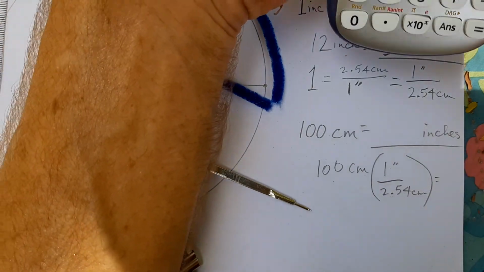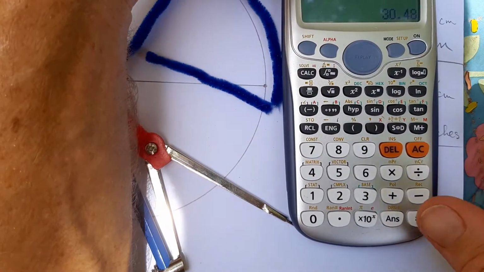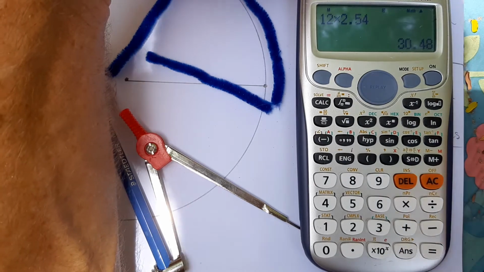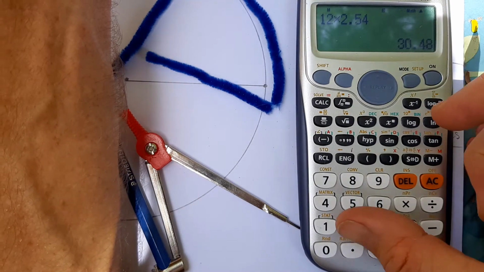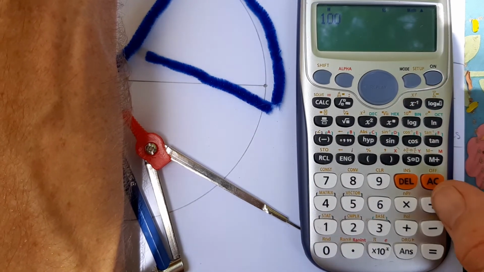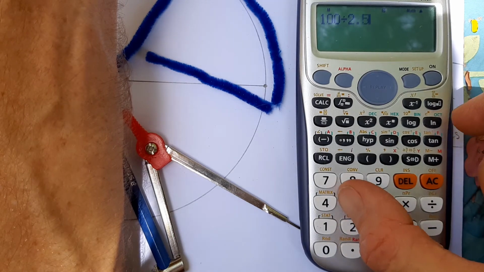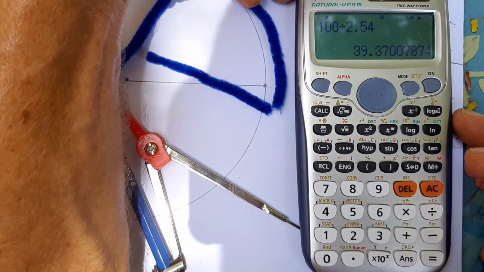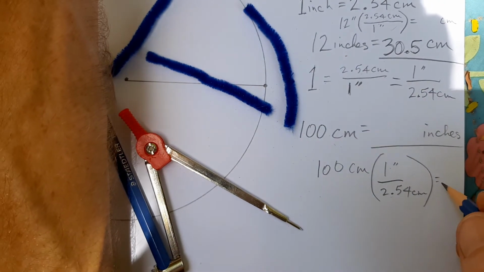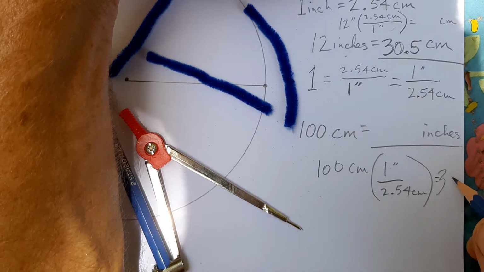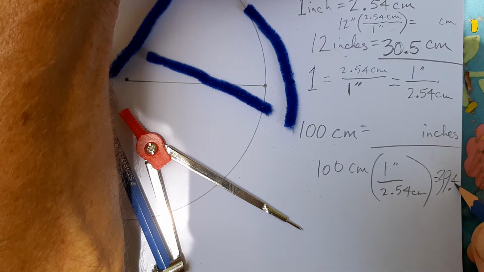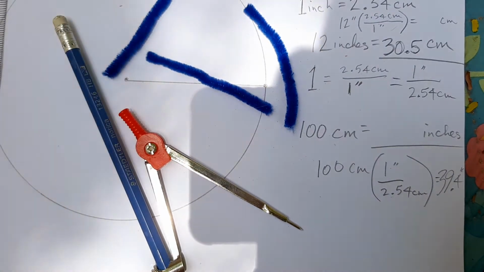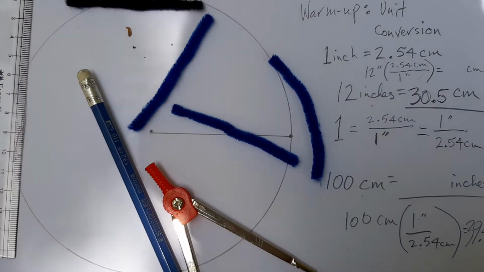So just 100 divided by 2.54, what does that come out to be? I'll just go with 39.4. 39.4 inches. That's just our little warm-up, because it's what we're going to be doing.